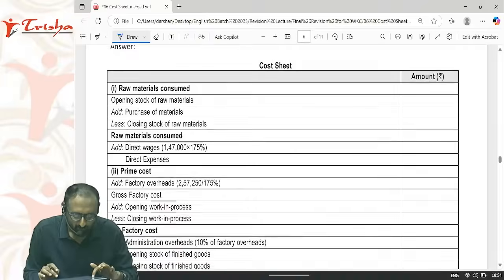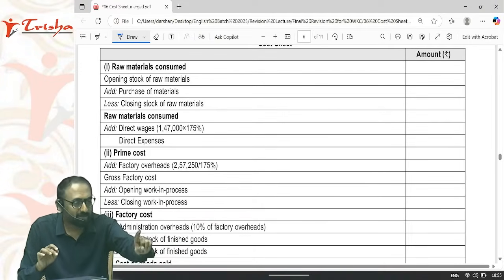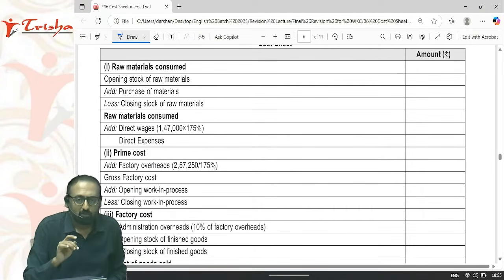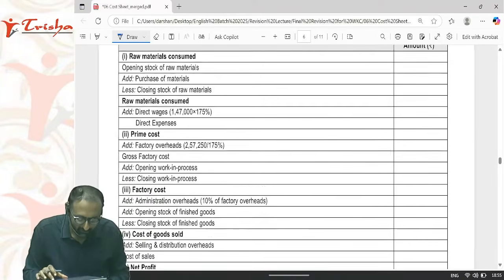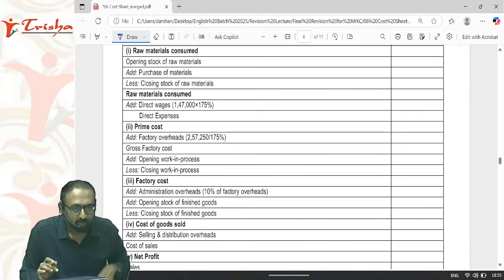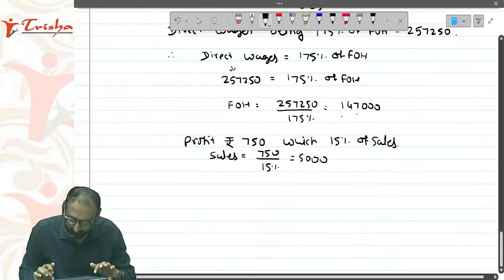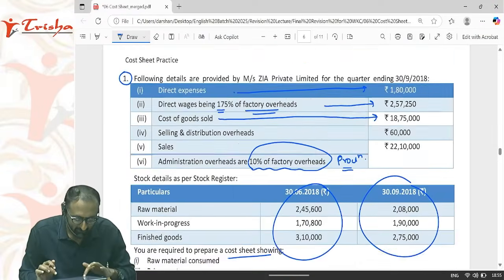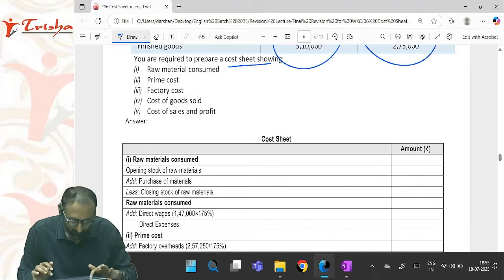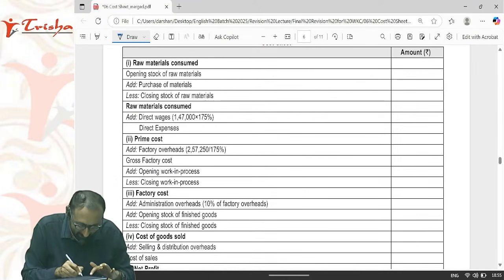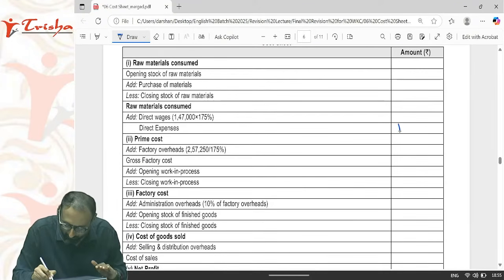Whatever information is available, read the question and tell me what the first information available is. Direct expenses is your first item. I am writing direct expenses 1,80,000.